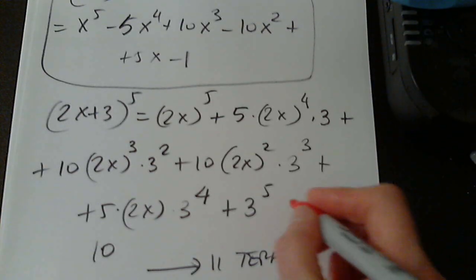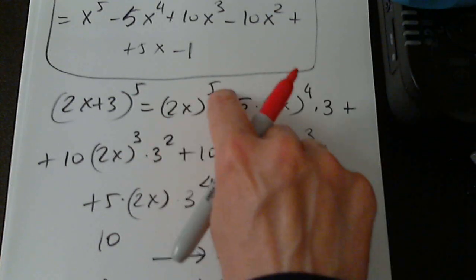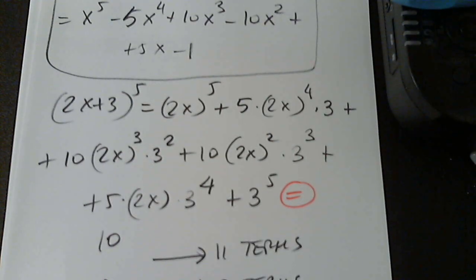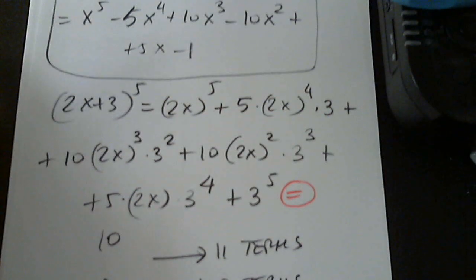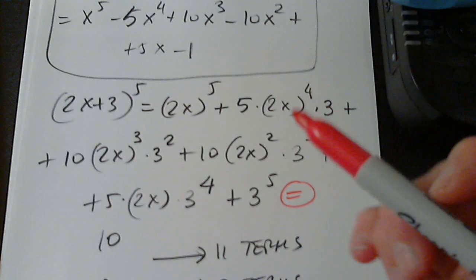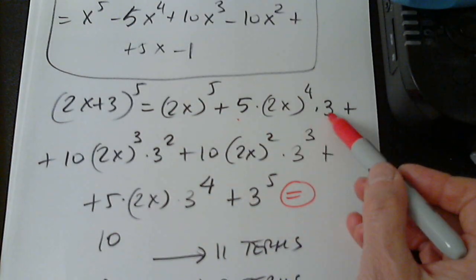It's not finished though, because I have to determine all these coefficients. 2 to the 5th is 32, x to the 5th, plus 2 to the 4th is 16 times 5 times 3.